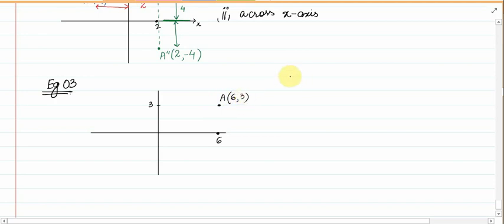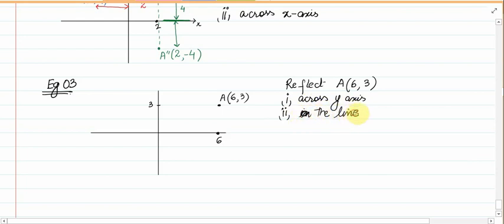The question says: reflect A (6, 3), and there are some parts, across the y axis, to the line y is equal to 0.